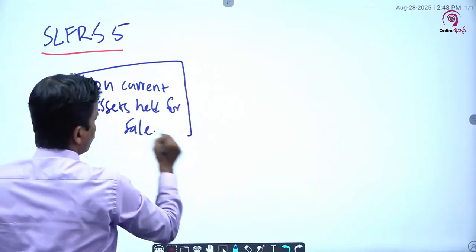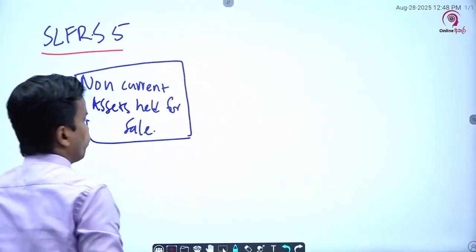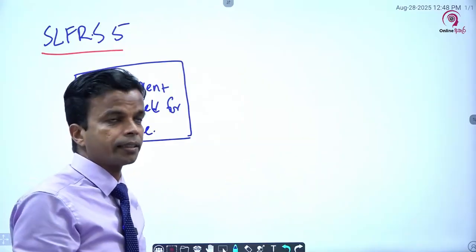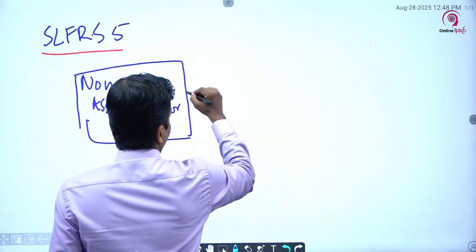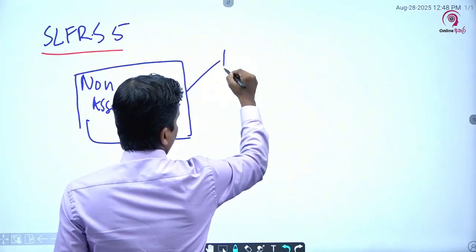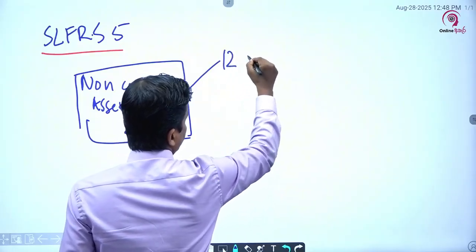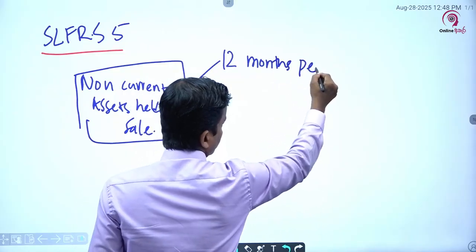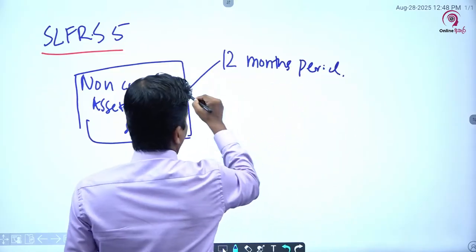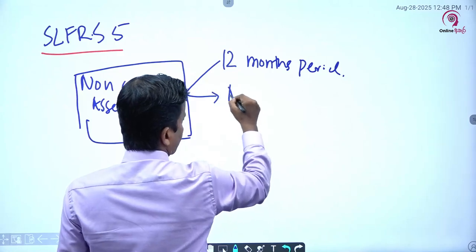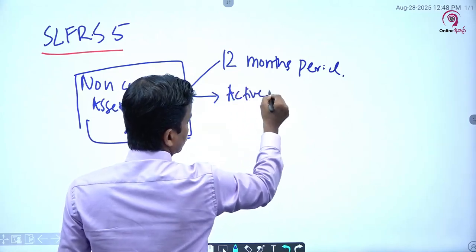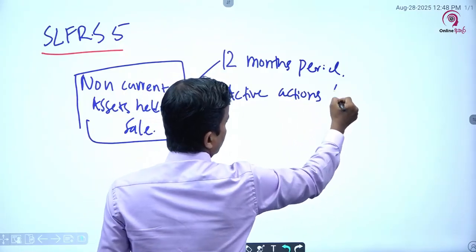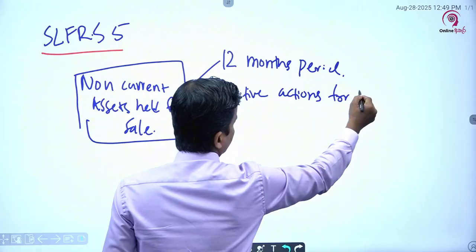For you to classify or present any asset or class of asset as non-current assets held for sale, the proposed disposal should take place within the next 12 months, and there should be some active actions for the proposed disposal.